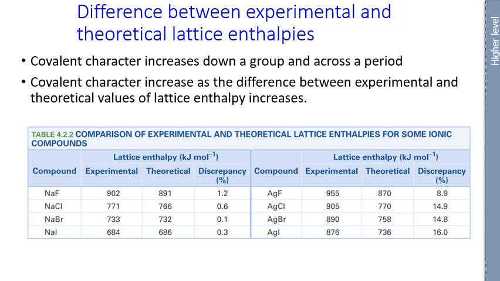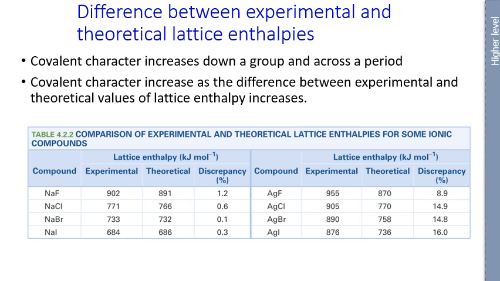So in terms of the experimental and theoretical calculations, there is a bit of a difference, and the difference is usually accounted for by the covalent character increasing down a group and across a period. Covalent character increases as the difference between the experimental and theoretical values of lattice enthalpy increases.